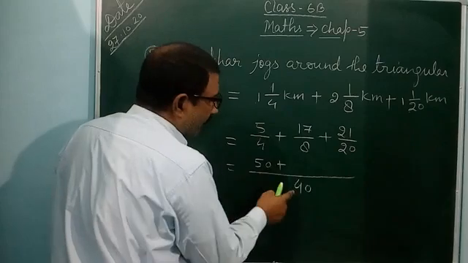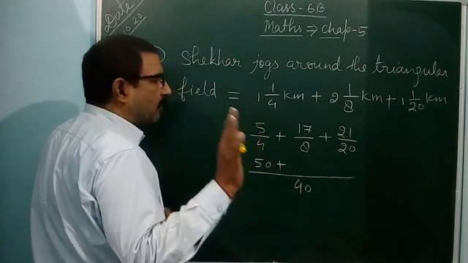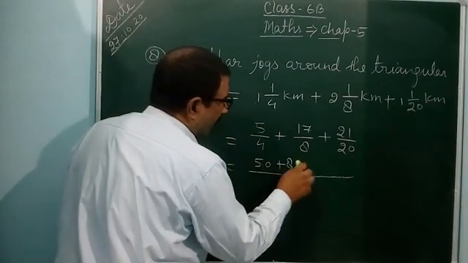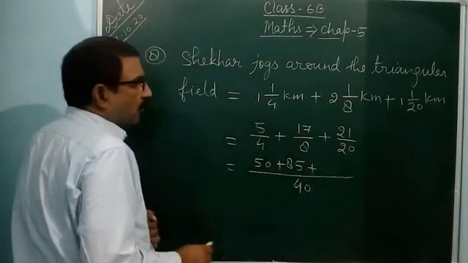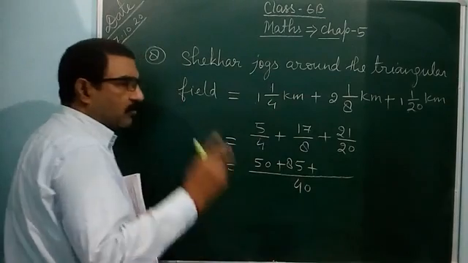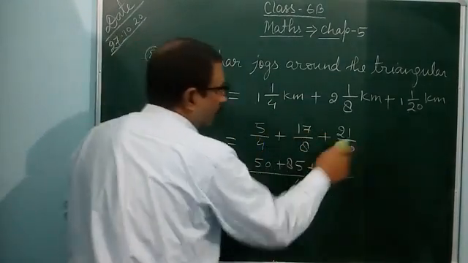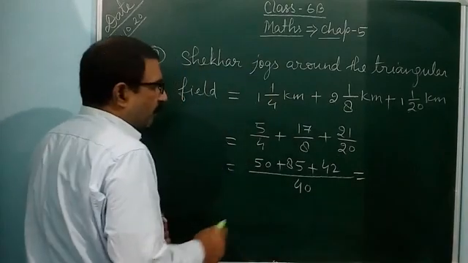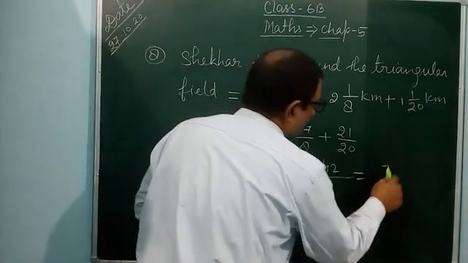Plus 8 goes 5 times, 5 multiplied by 17 is 85. Plus 20 goes 2 times, 2 times 21 is 42.